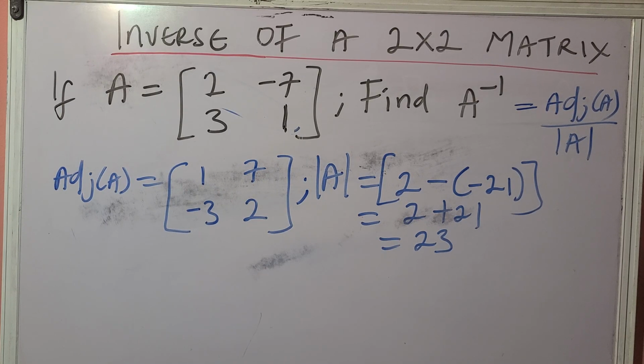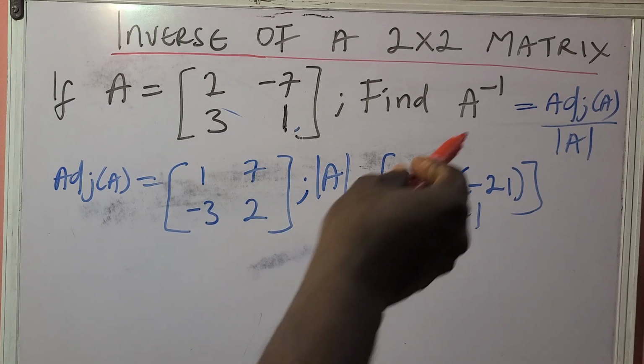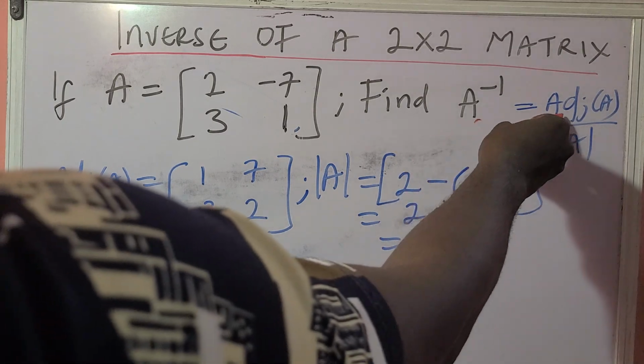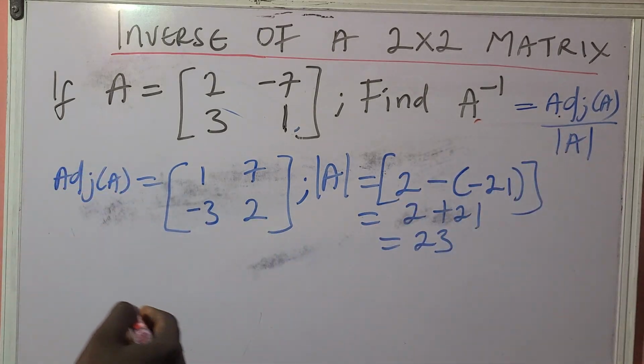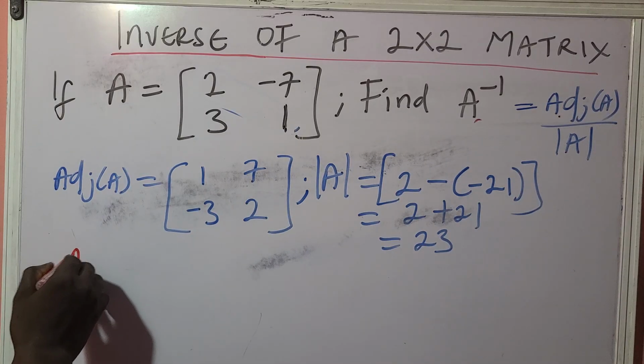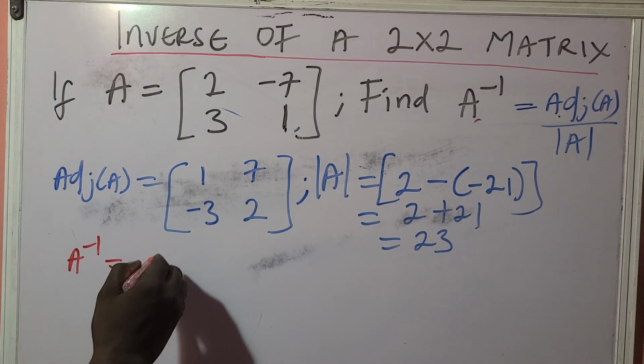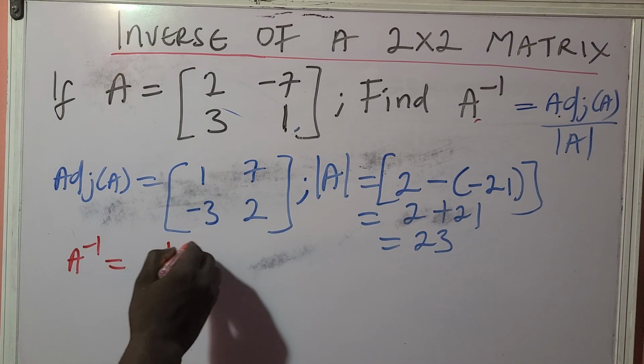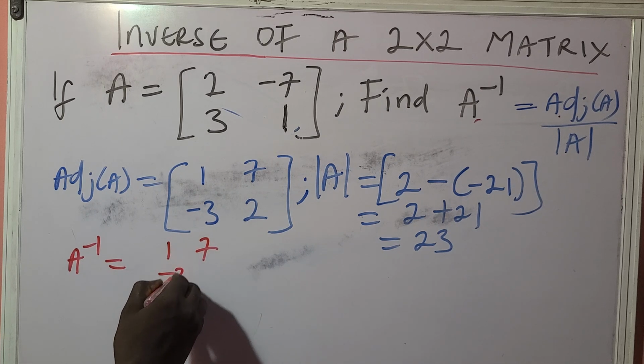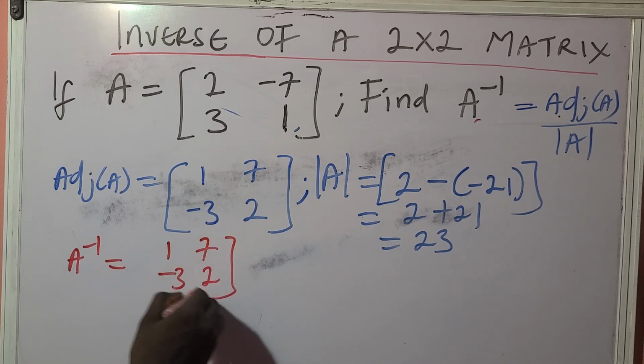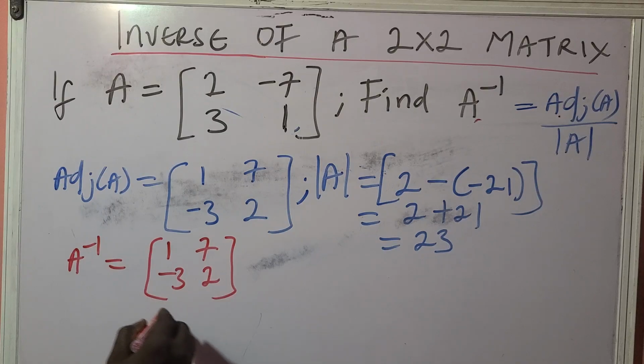So we've been able to get our adjoint and our determinant. What we need to do next is to apply the formula for the inverse as the adjoint over the determinant. So the inverse of A will be equal to the adjoint over the determinant.